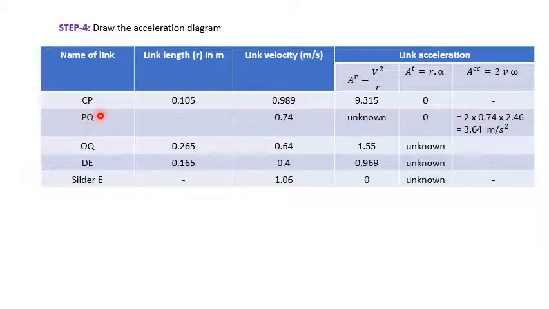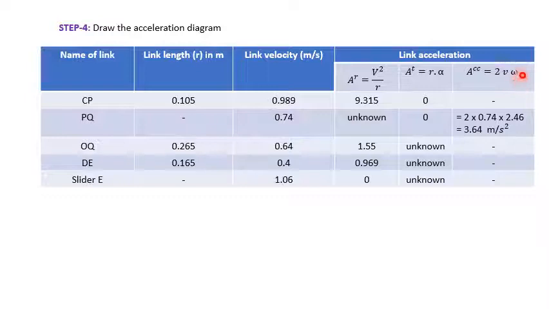Then coming to the link PQ, since it is a slider, it does not have any length, and velocity we got is 0.74 meter per second, and radial acceleration is unknown because radius is infinite, and tangential acceleration is 0. So here the term Coriolis component of acceleration will come. The formula is 2v omega. So here velocity, we have to consider this velocity.